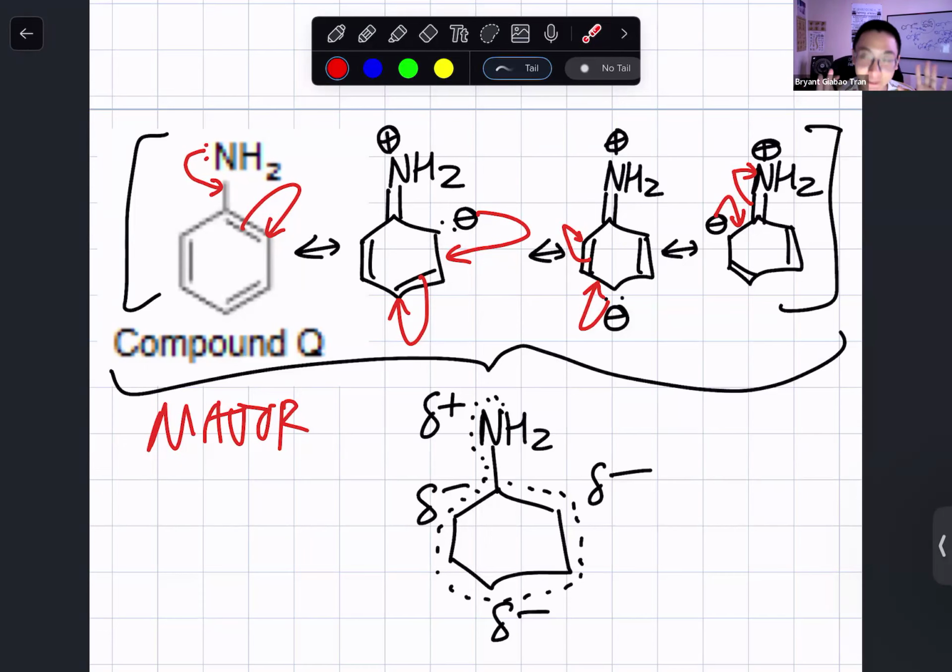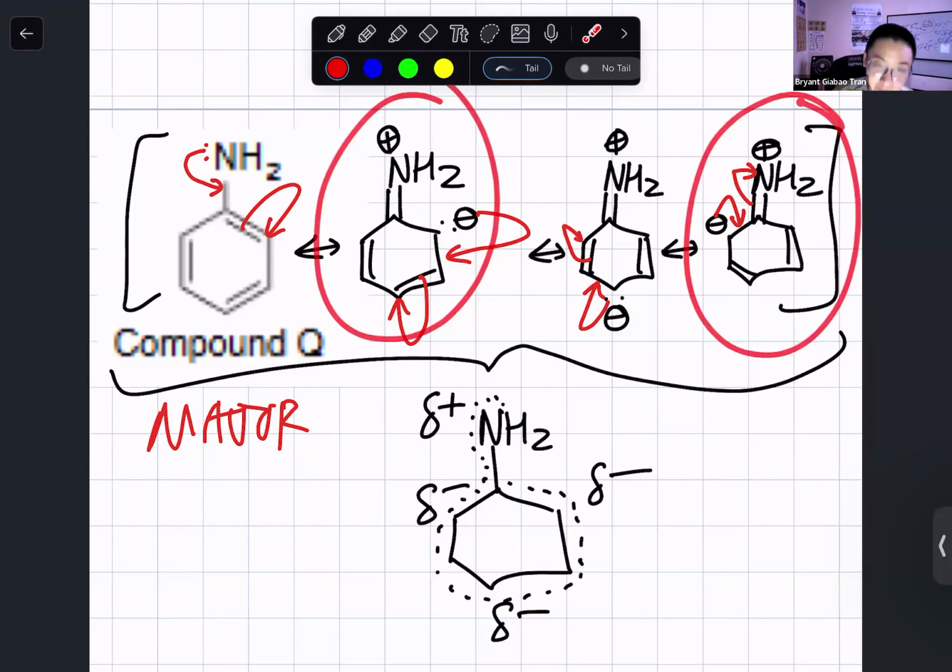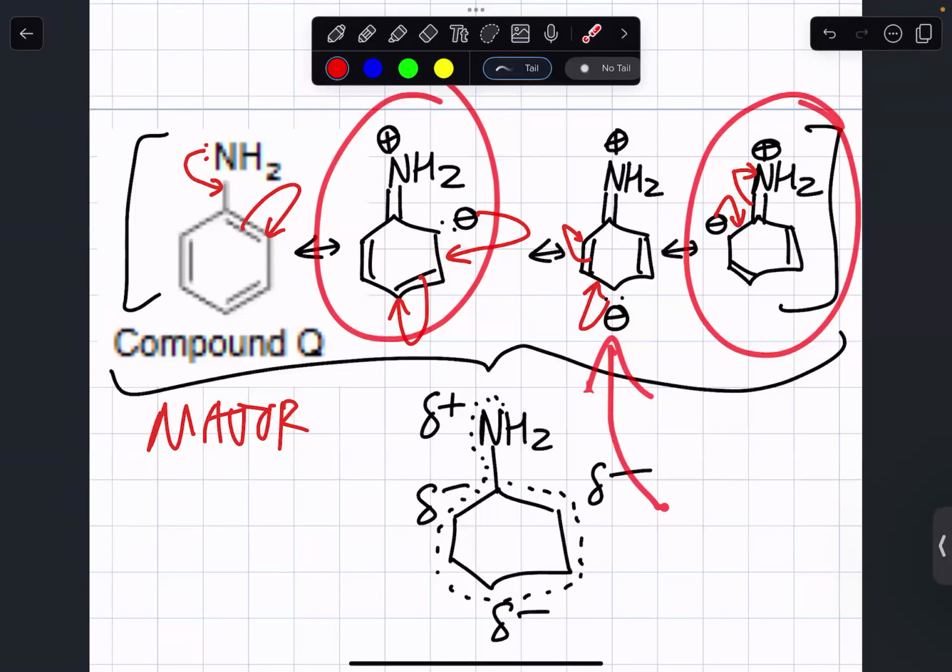So, like you said, opposite charges attract, right? Positive and negative charges attract, so they want to be as close to each other as possible. This one here and this one here, those 2 are going to be more stable than this one right here, because the opposite charges are closer to each other. They are attracting each other.